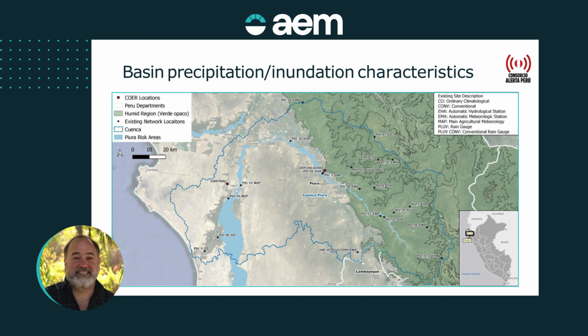In this map, you can see the coastal plain of Peru, but as you go up into the mountains, the area that's green, those are the places where the rainfall is the heaviest. In Peru, it's interesting, the coastal plain is like a desert, but in the mountains, there's a lot more rainfall. And that rainfall is driving this flooding and inundation. And this is another map that we've developed of the maximum inundation that we expect from the river flooding.